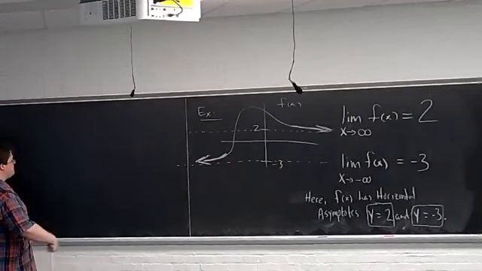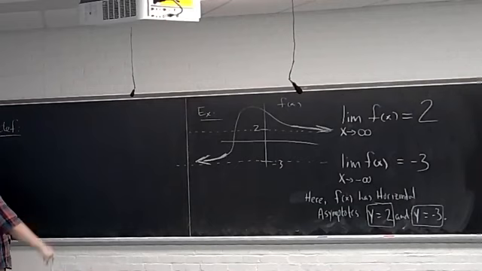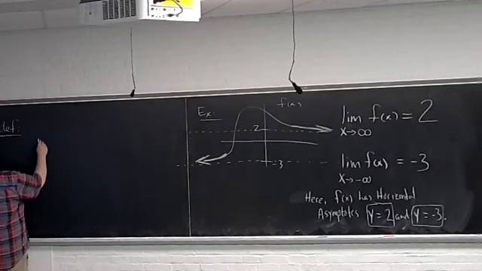Now, we still haven't formally defined horizontal asymptotes, so let's do that now. Definition. Notice we could have a horizontal asymptote in the positive direction or the negative direction, and they could be different, or as in the example I just erased, they could be the same.